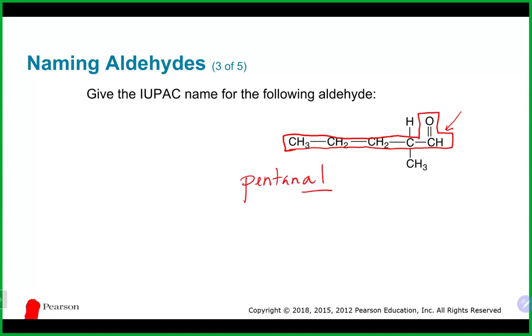We will end up here with this being carbon number 1, which it always should be, the carbon-oxygen double bond, sometimes referred to as the carbonyl carbon. That is going to be right next door at carbon number 2, which is our methyl group. So that's going to be a 2-methyl pentanal in this case. Any questions on that?